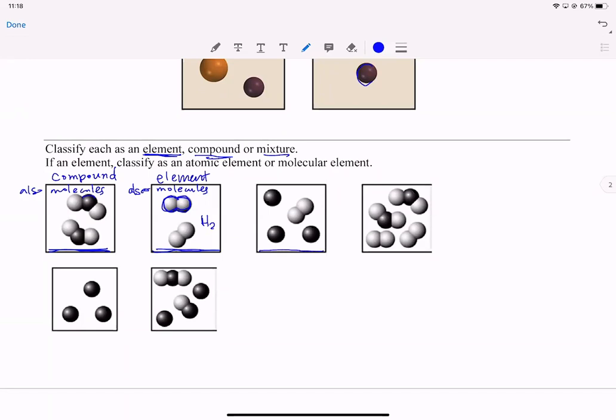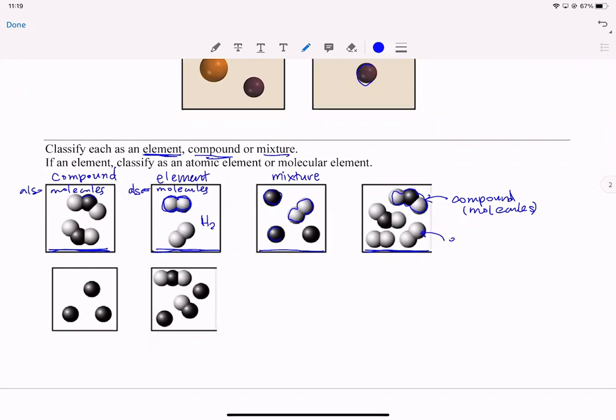This next box over, you've got these black atoms, then you've got this diatomic white atom. Well, when you have a physical combination where they're not all bonded together, this is a mixture. Okay, here's another box over. This is a compound. You could also classify these as molecules because those atoms are smushed together.